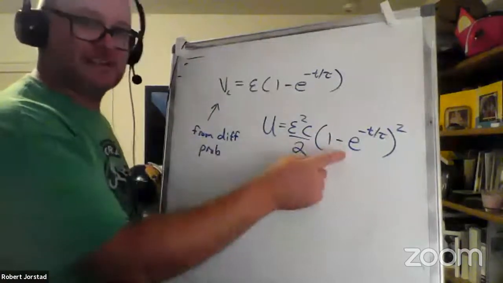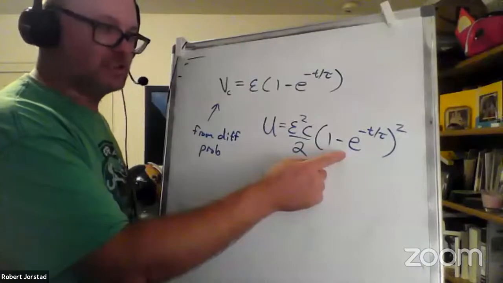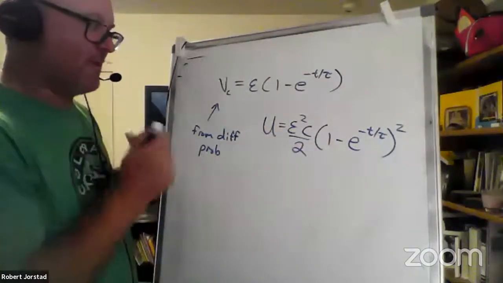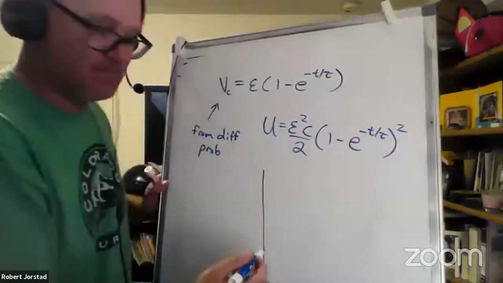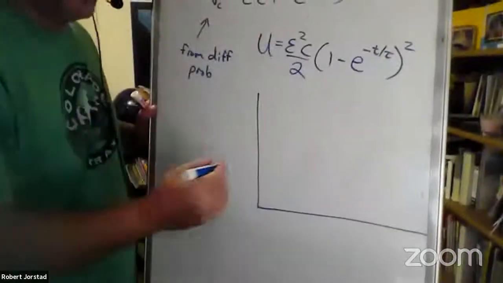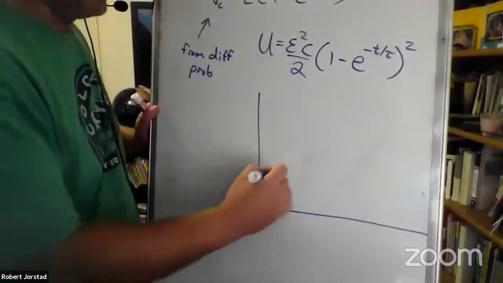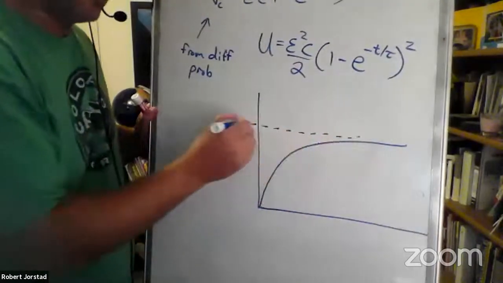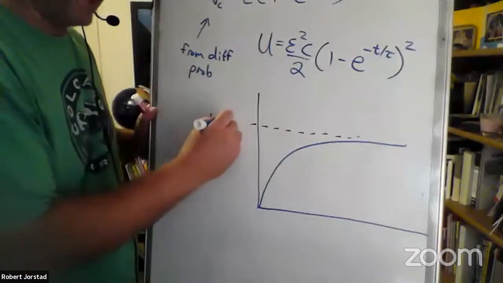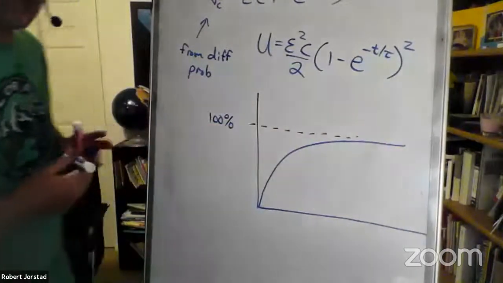What do you think about this? What should this look like? I don't know if you could tell I enjoy this stuff. Here's the voltage curve, right? And let's again assume we're scaling to 100% of max. What do you think the energy curve looks like?